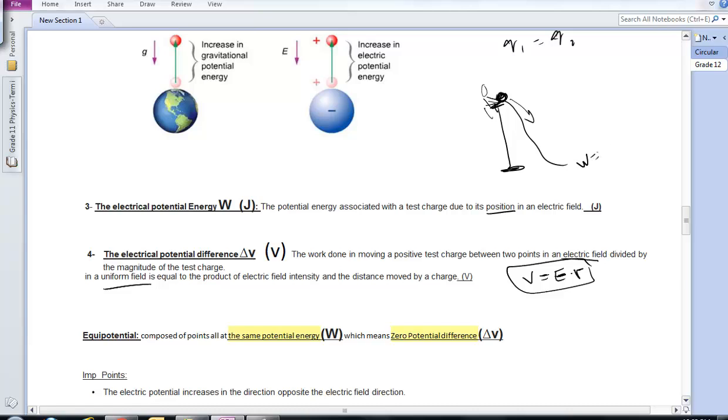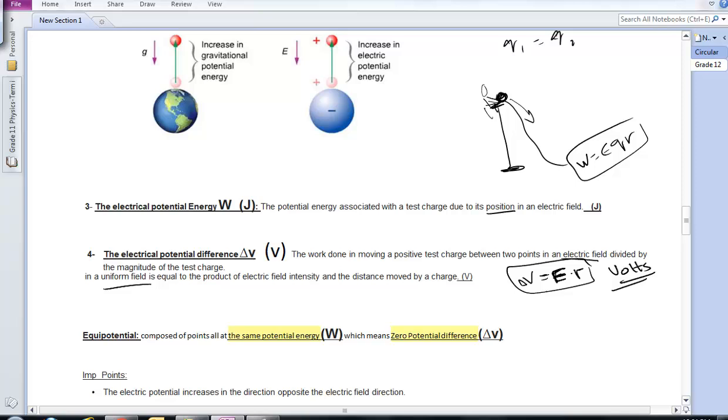Electric potential energy is equal to EQR, while the V is equal to ER. And the electric potential difference is measured in volts. Sometimes we call it V or delta V.